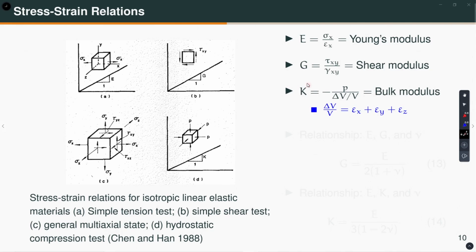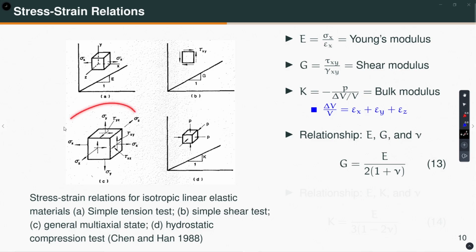You get the bulk modulus, which is defined, with a negative sign, as the hydrostatic pressure divided by the change in volume, del V by V, and this is called the bulk modulus. It can be easily shown that del V by V is equal to the summation of the normal strains, epsilon x plus epsilon y plus epsilon z, okay.